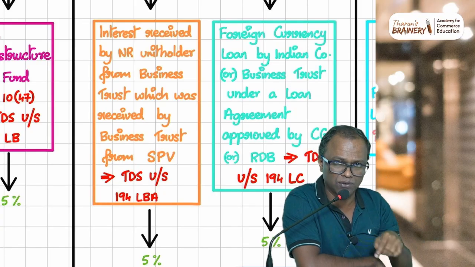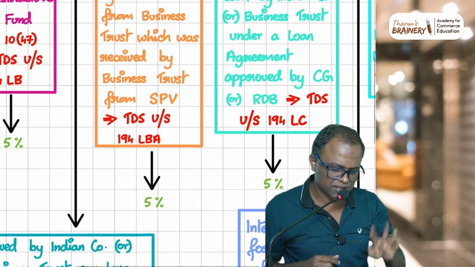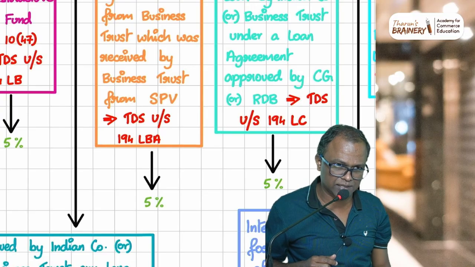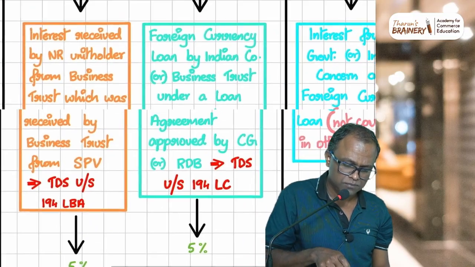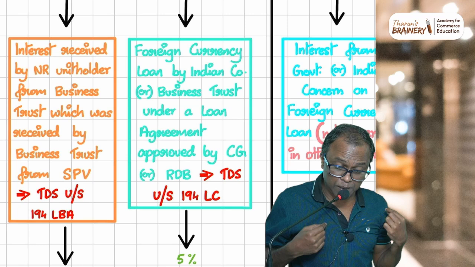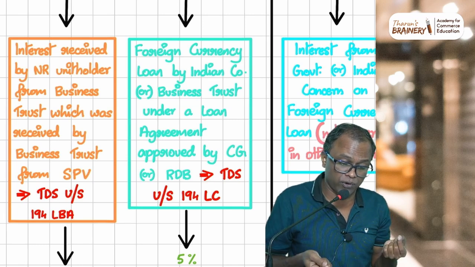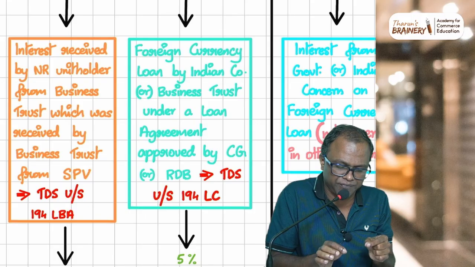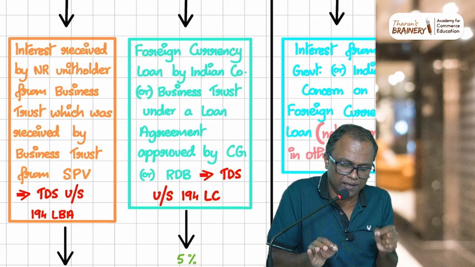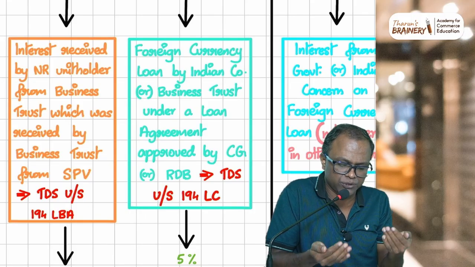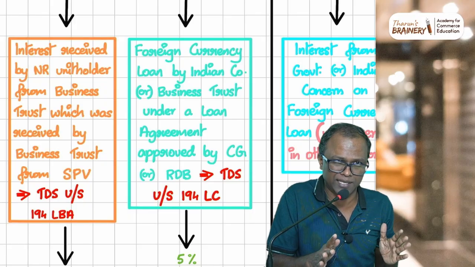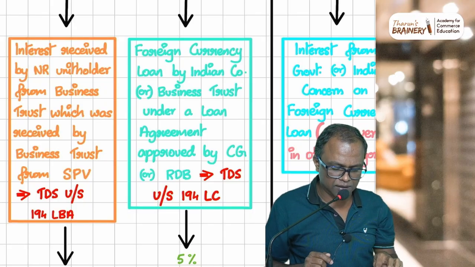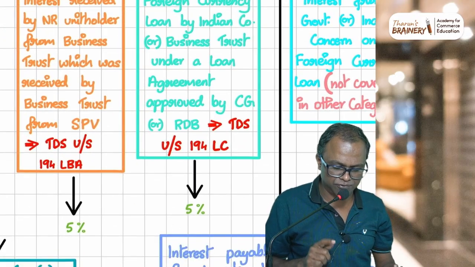So in that case also, this interest income will be covered under the concessional rate of tax of 5%, and the TDS section is 194LBA. Third one: an Indian company took a loan from a foreign company or a non-resident, and there is a specific loan agreement approved by the central government, or an Indian company issued a rupee denominated bond, RDB, and from that the non-resident is getting interest at 5%.